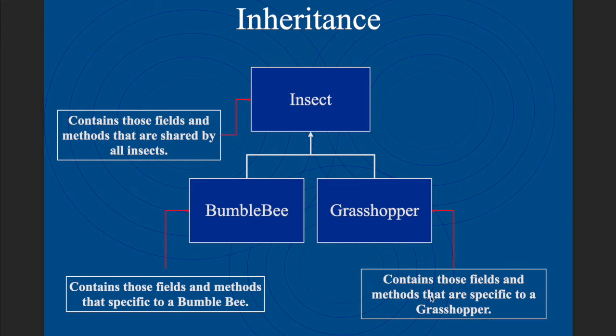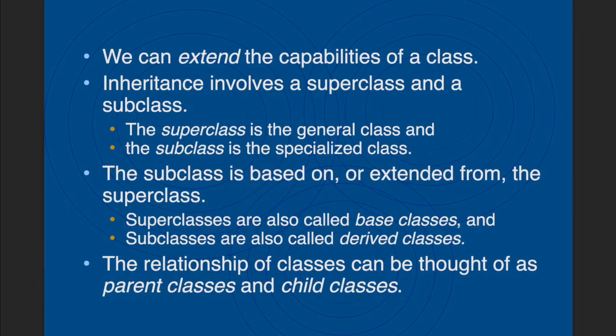And grasshopper will contain those fields and methods that are specific to a grasshopper. And again, they have superclass insect from where they will inherit some common fields and methods. So we can extend the capabilities of a class.